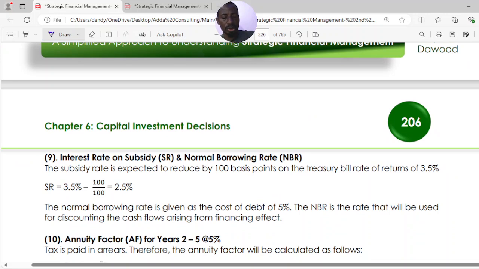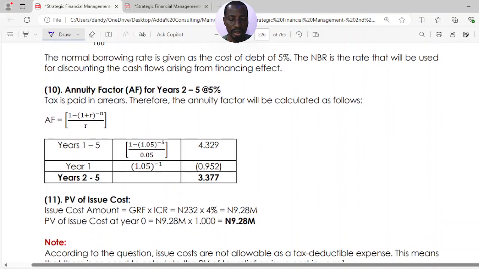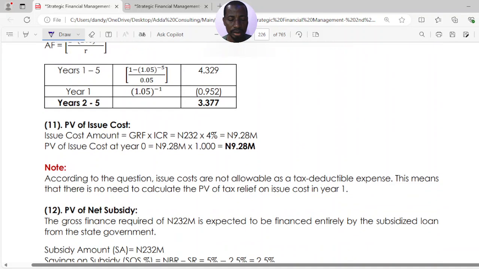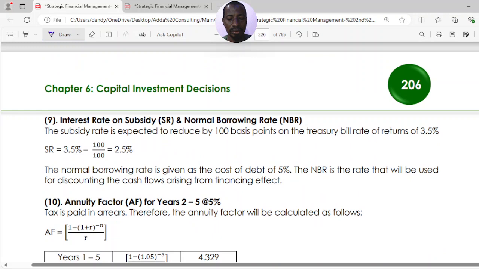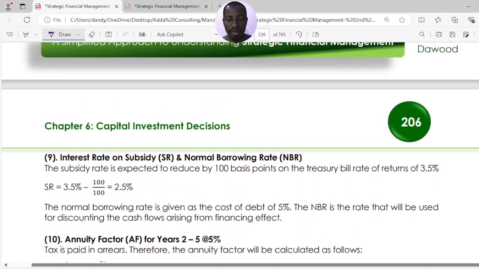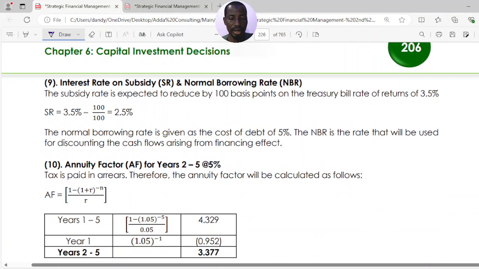Now, the next thing we want to do, since we are told that the project will be financed with issue cost, examiner has told us that the project will be financed with issue cost. So we are less concerned with debt. I've already determined the interest rates on the subsidy.